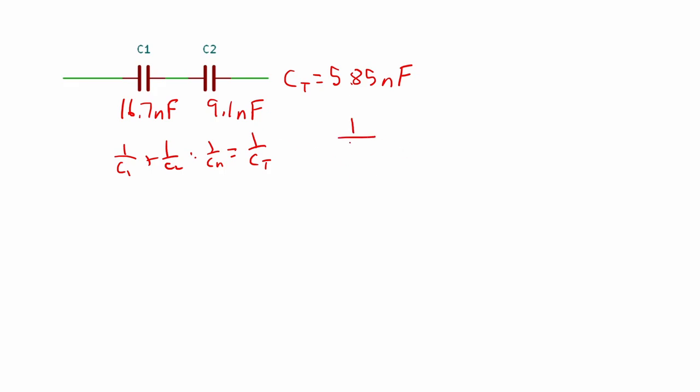So we have 1 over 16.7 nanofarads plus 1 over 9.1 nanofarads. That gives us 1 over 0.16977 nanofarads, which, once we divide 1 by that number, we get 5.89 nanofarads, which is pretty dang close.